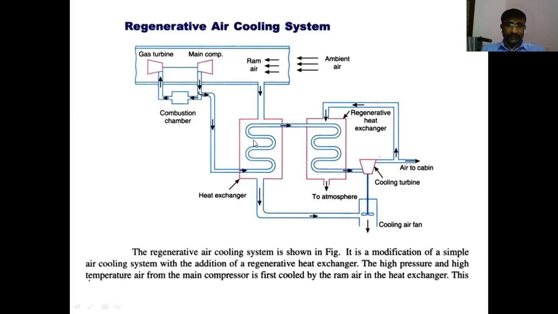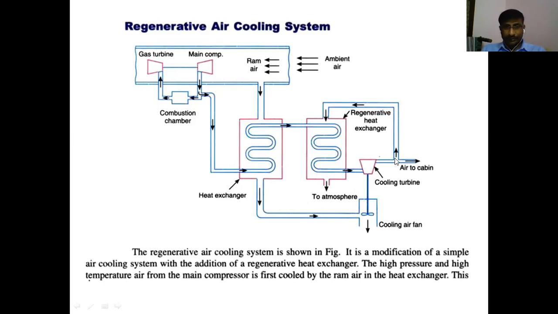Clear? And the second, the bootstrap system, also has two heat exchangers. But in the bootstrap system, in both heat exchangers, the cooling medium is ram air itself. Some amount of air is utilized in the first heat exchanger, and some amount of ram air is sent to the second heat exchanger. But in this case, we are not using ram air in the second heat exchanger, the regenerative heat exchanger.